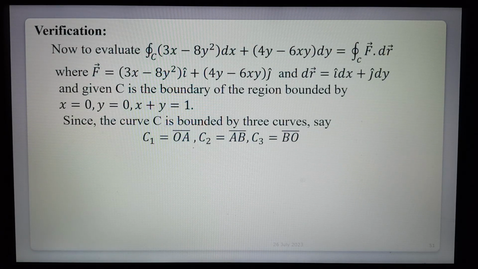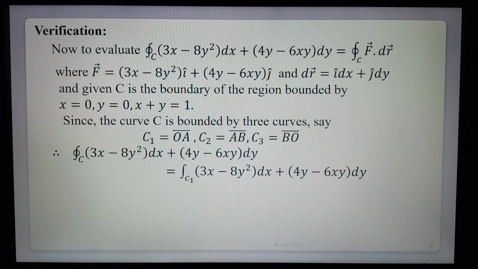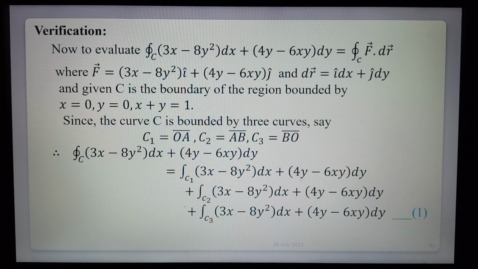Say C1 is the curve OA, C2 is AB, C3 is BO. So the integration over C is equal to the integration over C1 plus C2 plus C3. Finding the individual ones and then adding all, that is the required line integration.